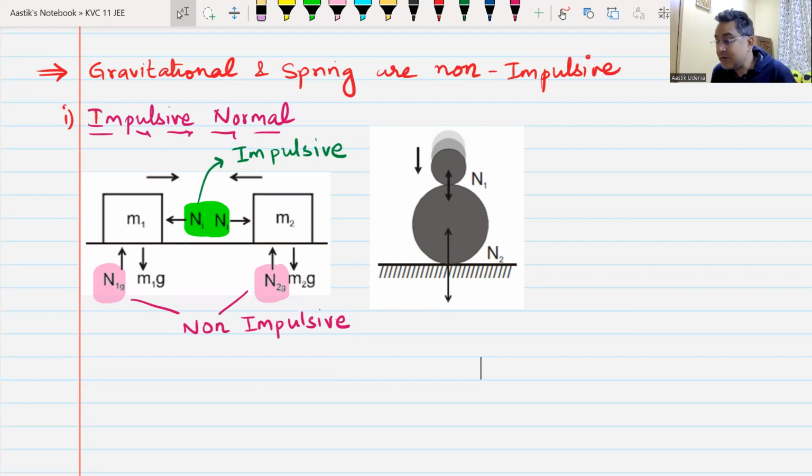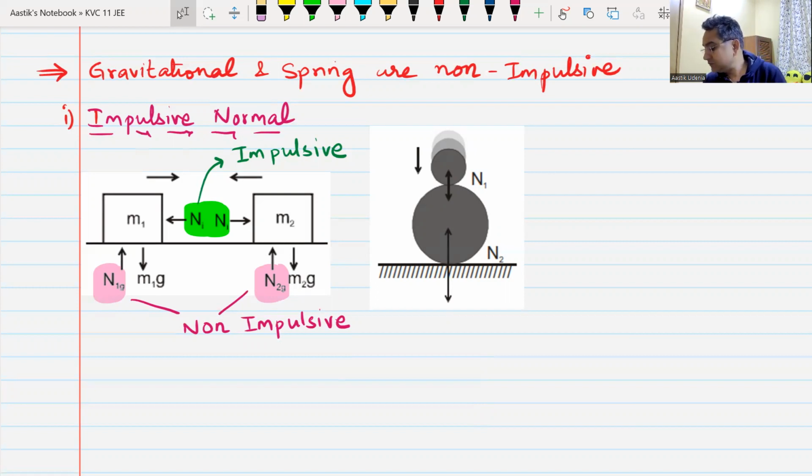Which normal reaction do you think is impulsive, and which is non-impulsive?